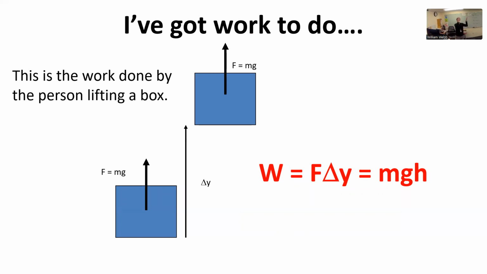We're lifting with the force upward. The box is moving upward. They're parallel in nature. And so I'm applying a weight force up, or a force equal to the weight, up a certain distance. So the work I would do to lift that box would just be the force I apply times the height, and the force has to equal the weight. So we could say the work being done is mass times g times h. I can find the work done with that equation.